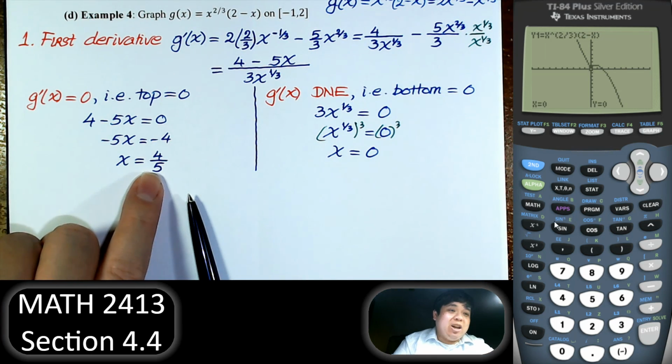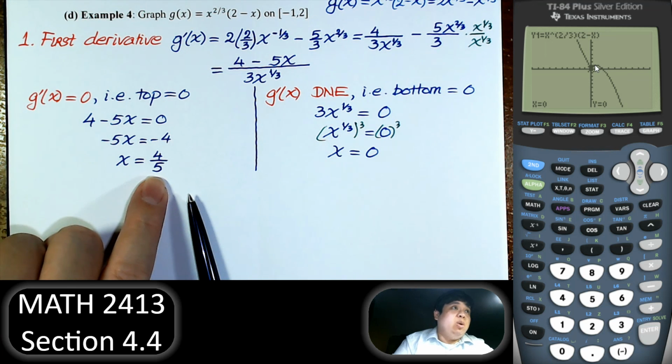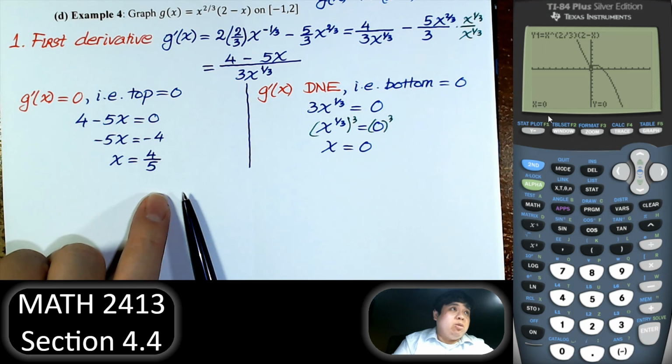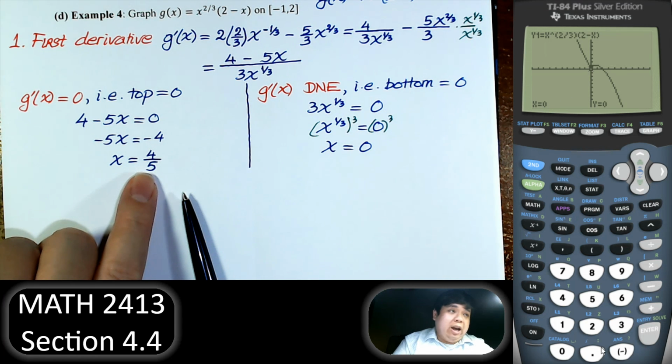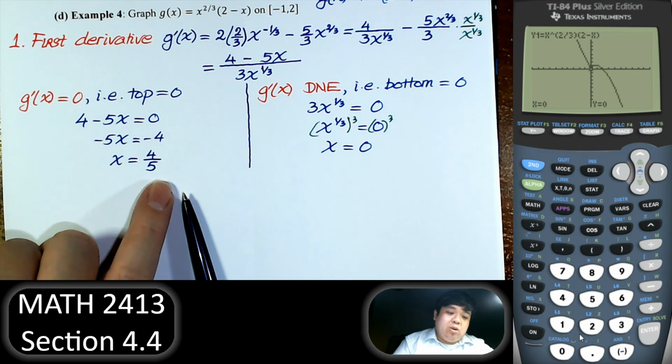We need to know exactly where the maximum and minimum are. Even though it looks like there's a maximum there, we have to find the point algebraically, not by the graph. So x equal to 0, y is 0. x equal to 4/5.